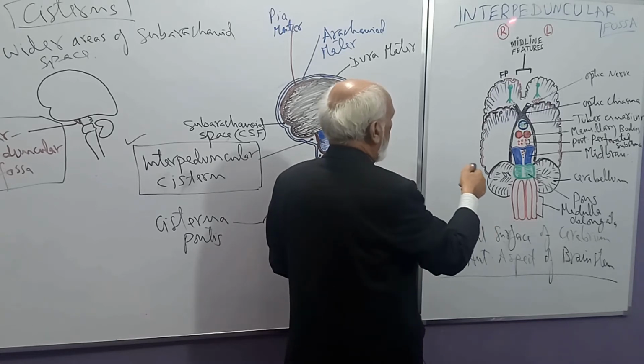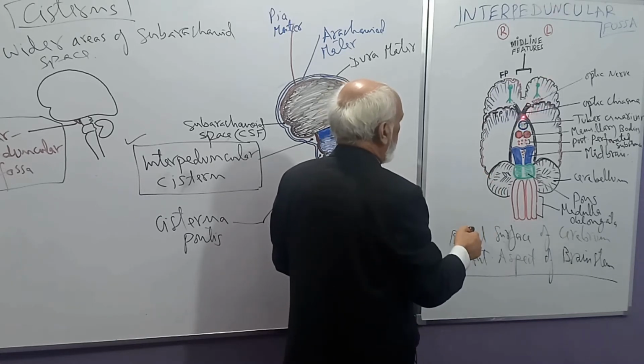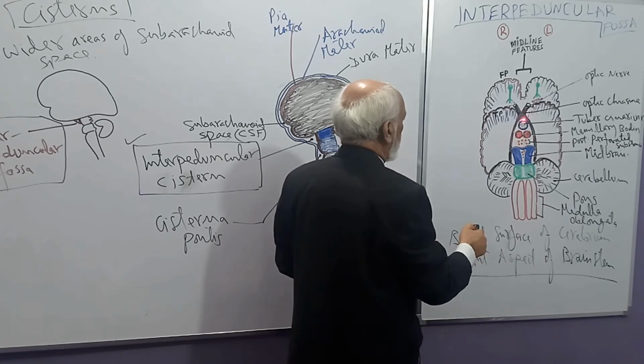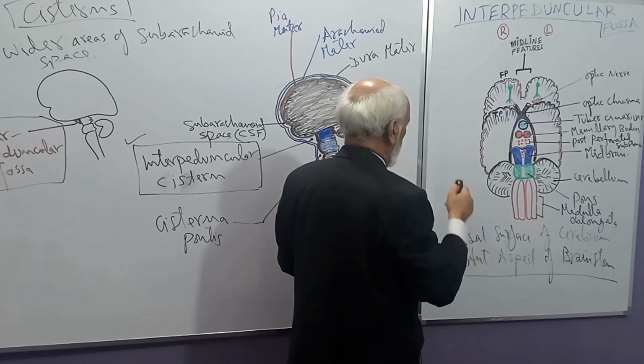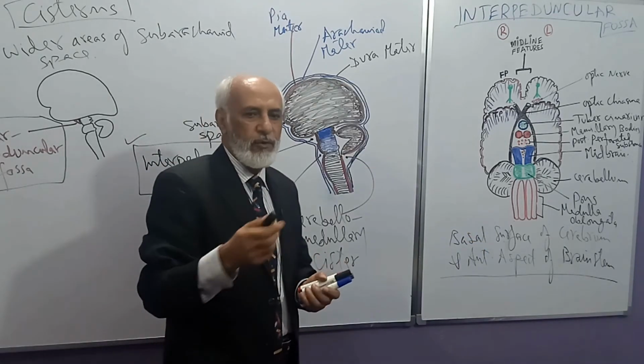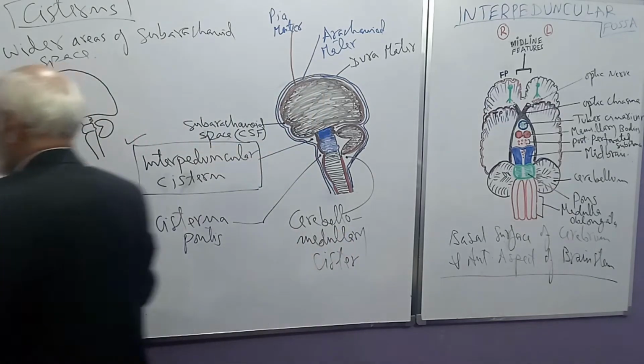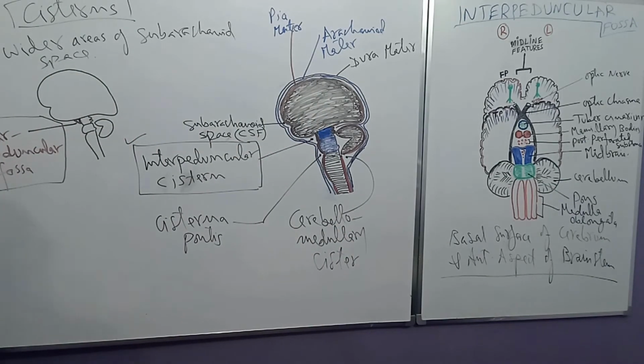So the interpeduncular fossa extends from the optic chiasma anteriorly to the midpoint of the upper border of the pons below. This is the extent of the interpeduncular fossa. And what are the boundaries of the interpeduncular fossa?